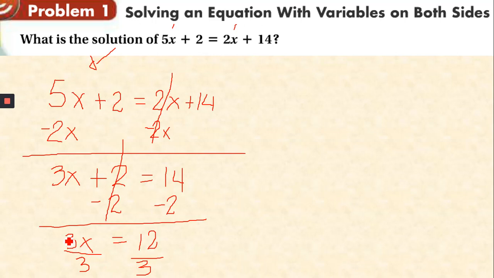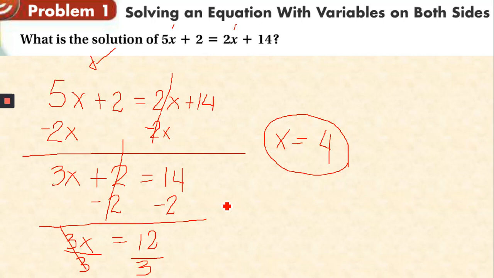So 3 divided by 3, that is 1, you're just going to copy x, is equal to 12 divided by 3, that is equal to 4. Okay? So that is the solution of the given equation.